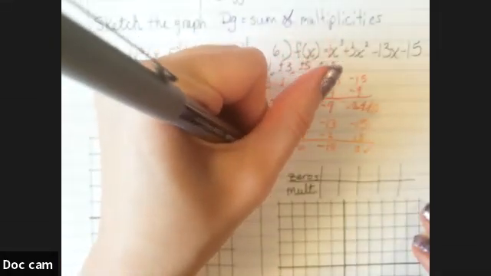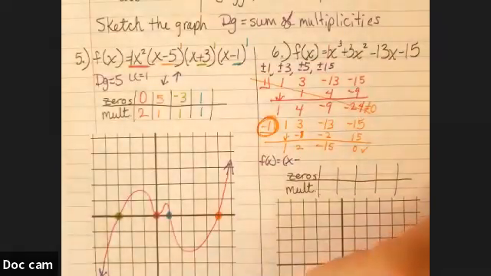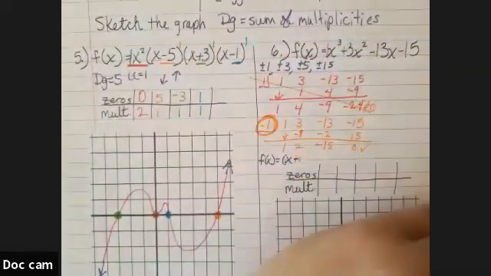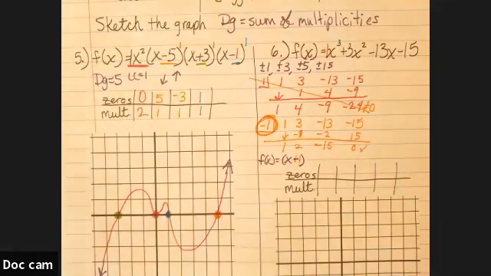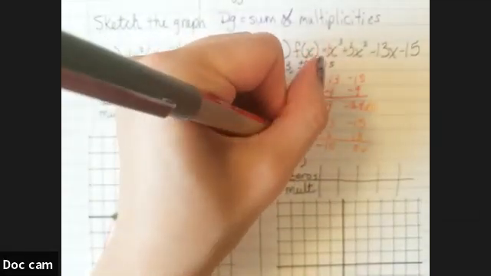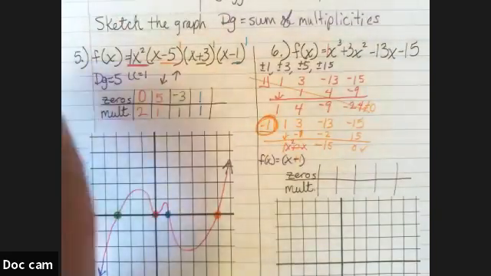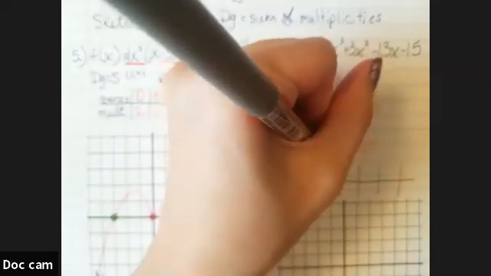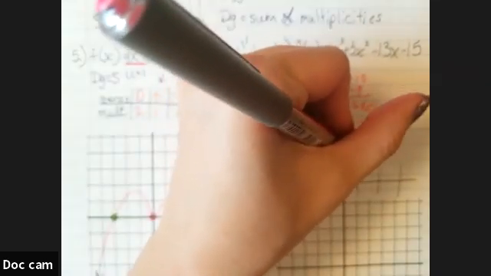So f of x equals x minus -1, which is really the same thing as x plus 1. And then this right here is going to be x squared plus 2x minus 15. If we were to factor that, it would be x minus 3 times x plus 5.